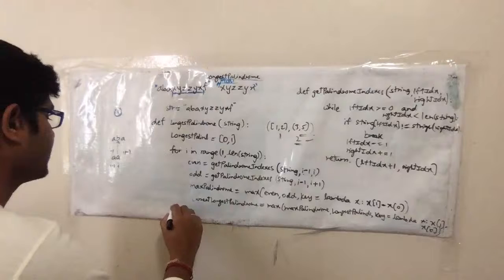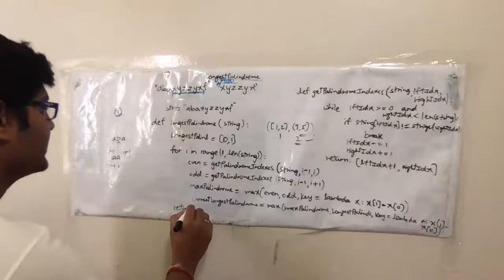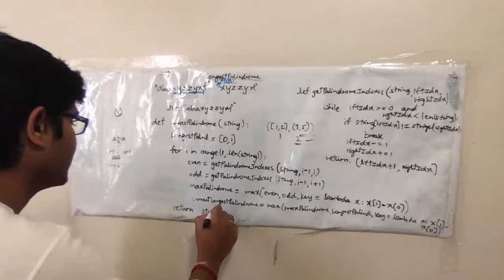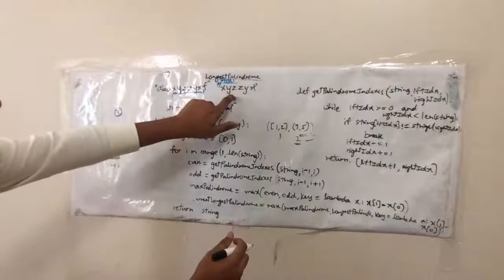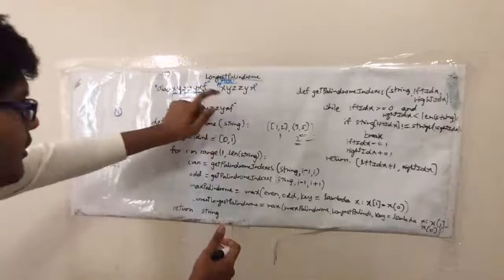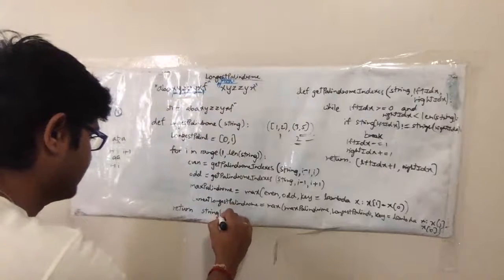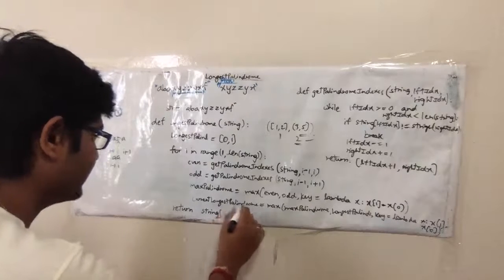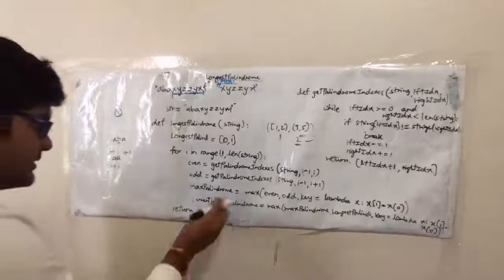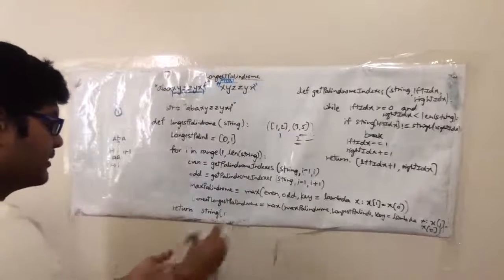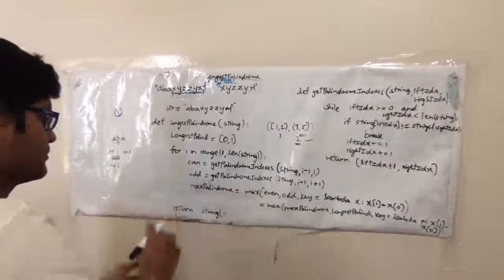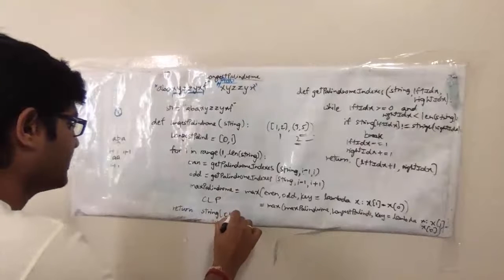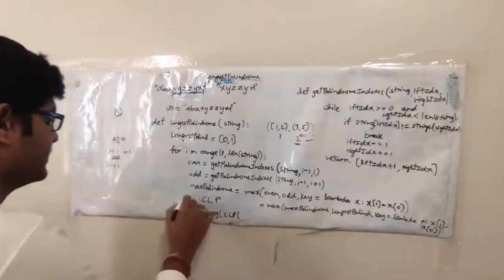So we just need to return that palindrome. Those are just the indexes, so you need to call those indexes on the string. We need to return the actual string, not the indexes. So just call on the string. You can shorten the current longest palindrome as CLP.